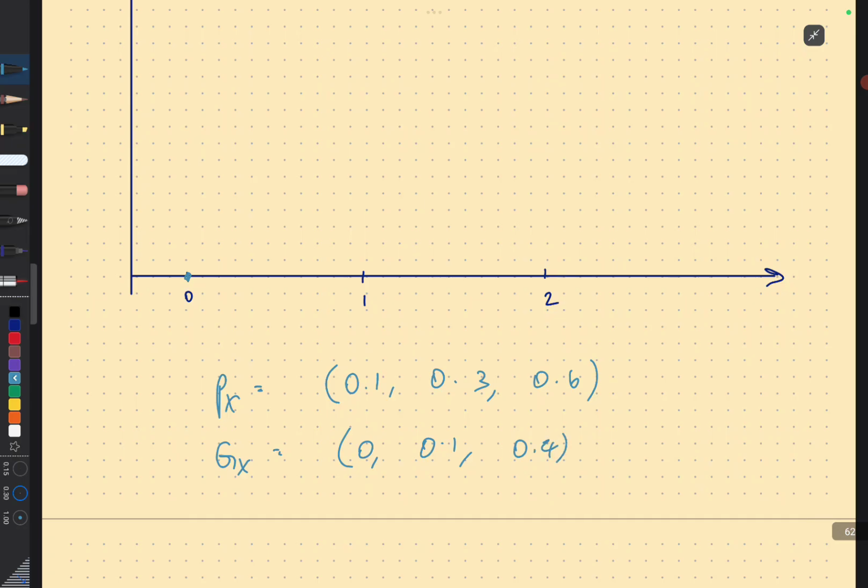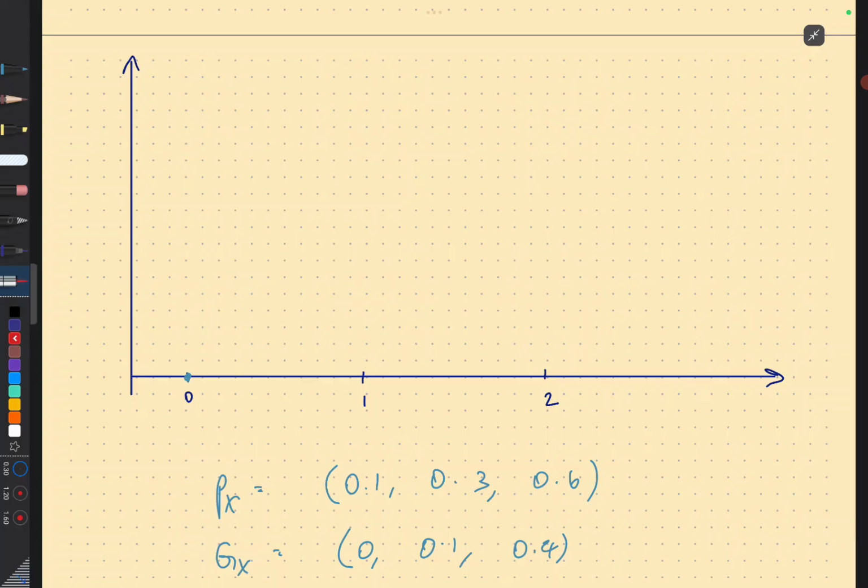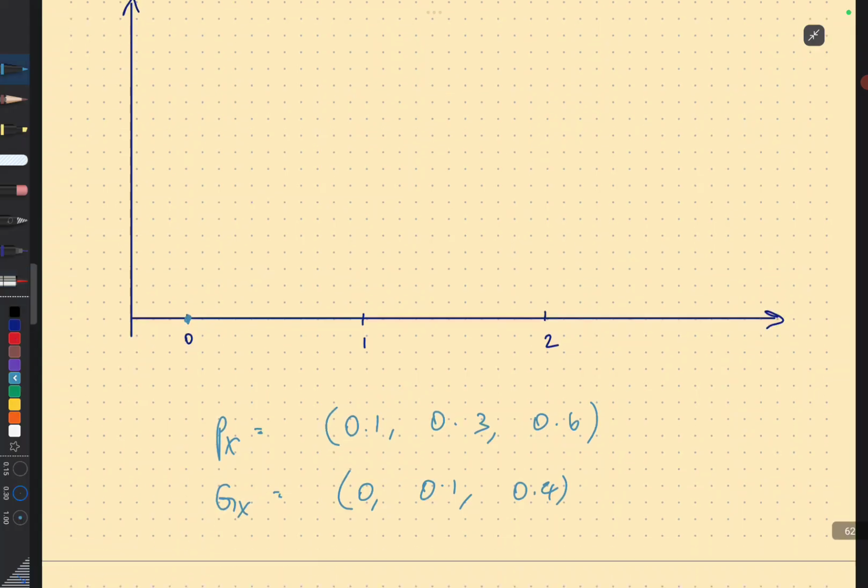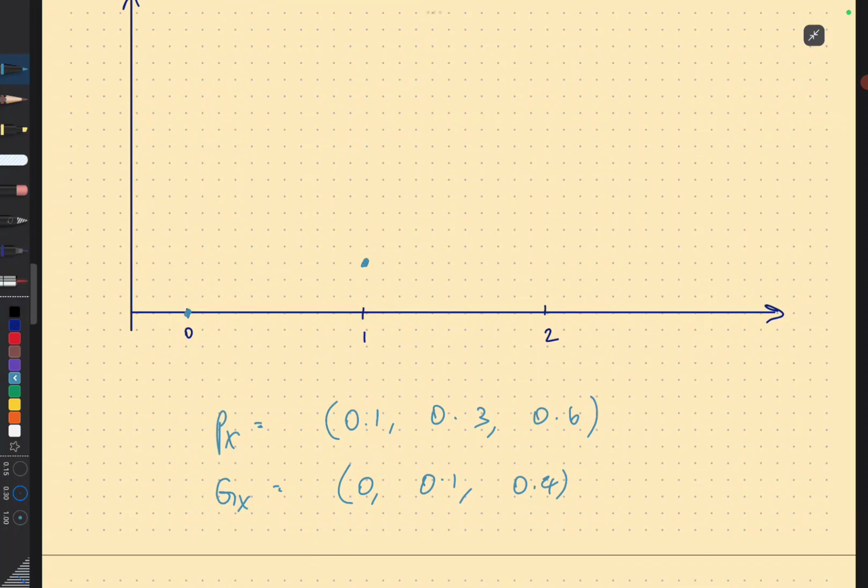It's basically that g of some particular symbol is the sum of the probabilities of all the symbols which are less than that particular symbol. So g of 0 is just 0, g of 1 is 0.1, and g of 2 is 0.1 plus 0.3, which is 0.4. Let's plot these values. So g of 0 is 0, g of 1 is 0.1, and g of 2 is 0.4.